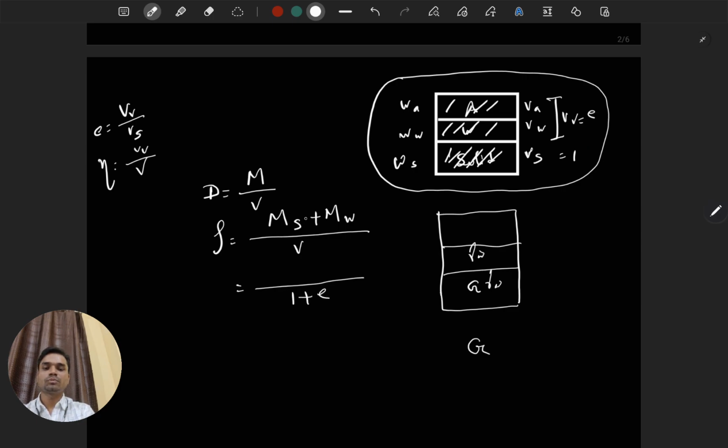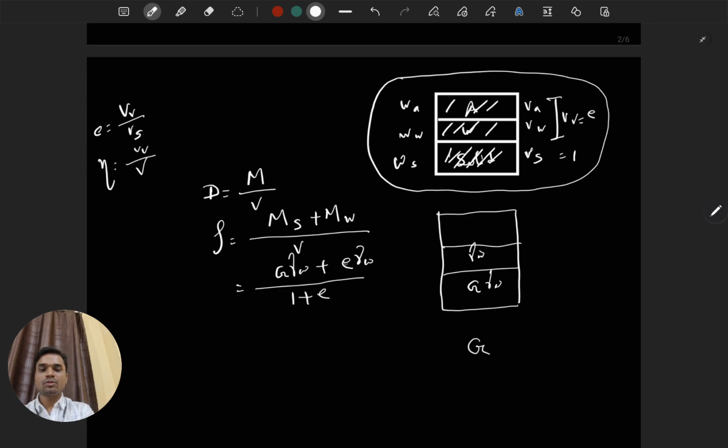Then the mass of solid is G into rho W, plus the mass of water. There must be some water, so which area will the water occupy? The voids, meaning e will be occupied with water.